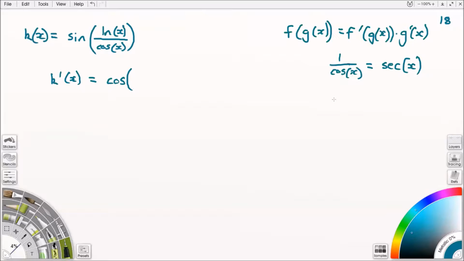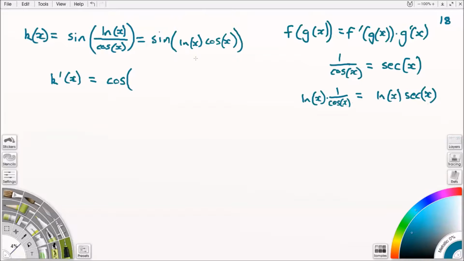And like that, we can now say, well, log x times 1 over cos x equals log x secant x. So our whole initial function can be rewritten as sine of log x secant x.